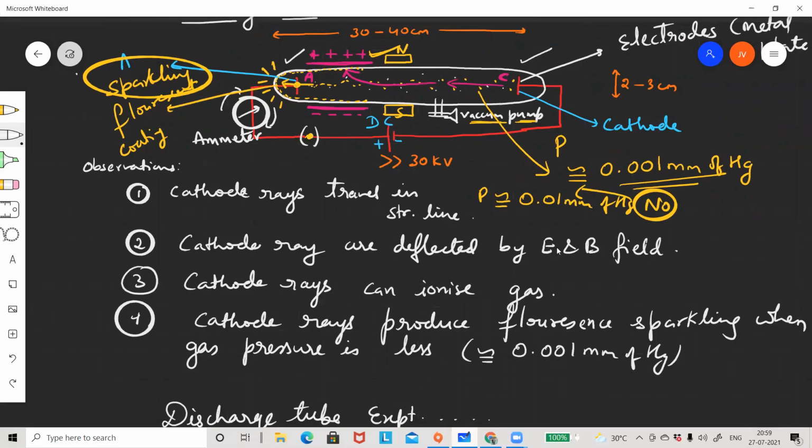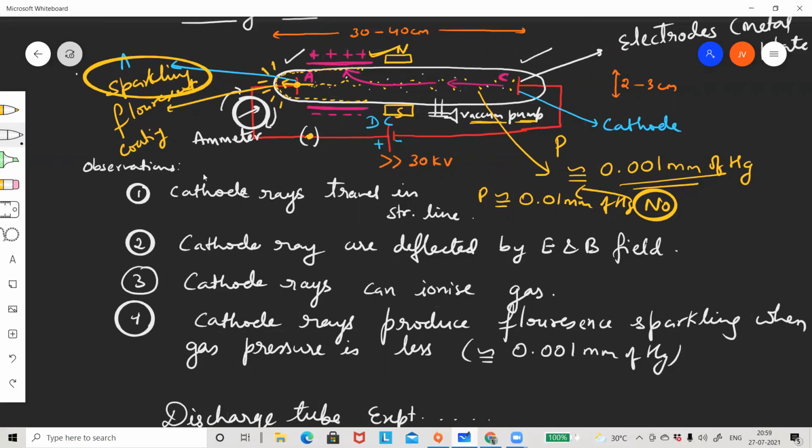Next, they were deflected by electric field and magnetic field. So when this discharge tube was placed in an electric field, these rays took a sharp bend towards the positive plate, indicating that these are definitely negatively charged. And they were deflected in a magnetic field also. But in a magnetic field, we can't tell the direction by looking; we can tell the direction by applying Fleming's left hand rule.